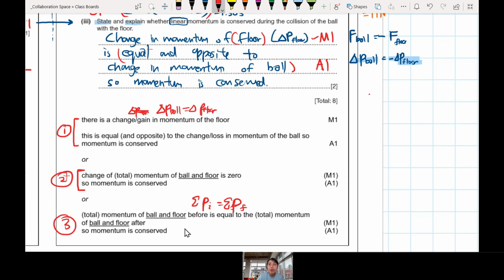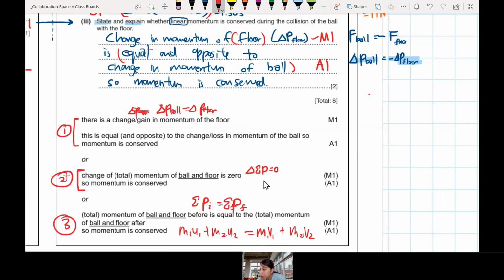So you write M1U1 plus M2U2 equals M1V1 plus M2V2. That is this third statement. So many different ways to talk about this. Change of total momentum 0.